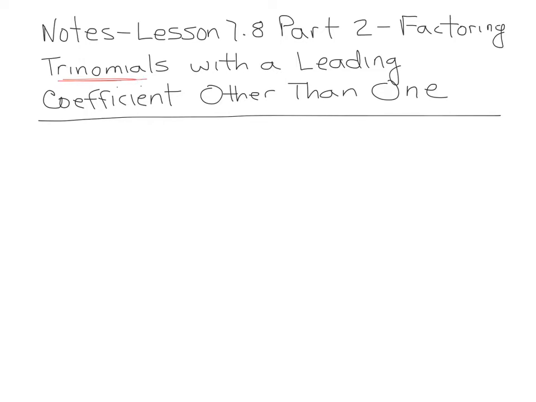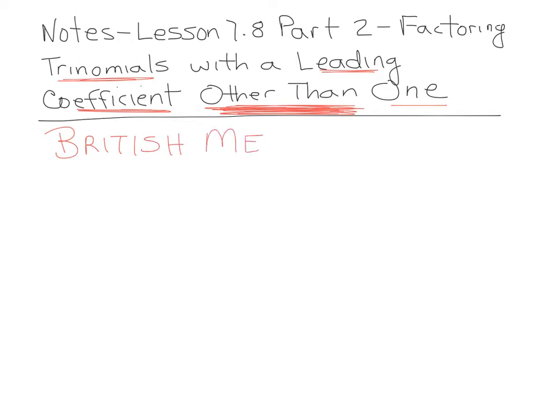So again, they're trinomials, and the leading coefficient is other than 1, meaning it's not going to be a 1 out front anymore. So this is when we use the British method. That's the way I'm teaching it. Your parents might know a different way, but this is the method I'm going with. So when there's not a 1 out front, I'm going to use the British method.